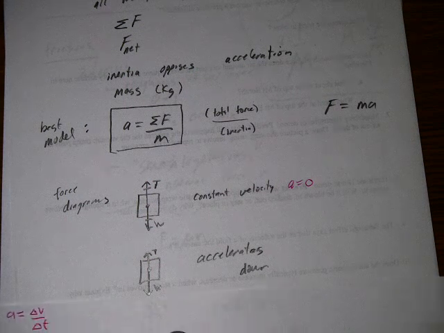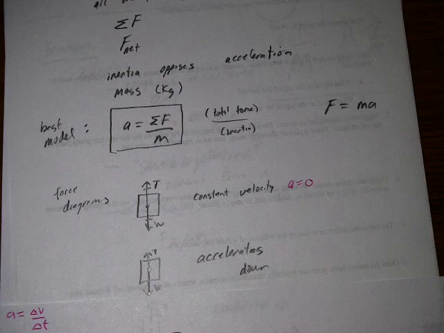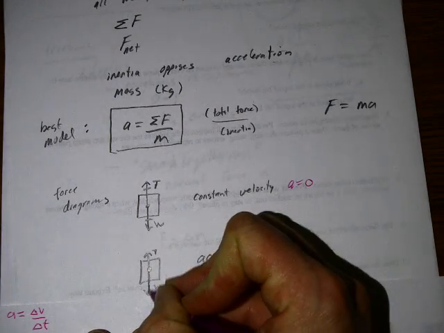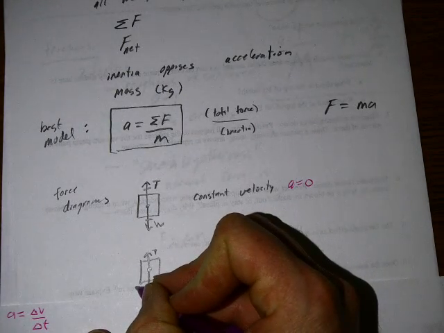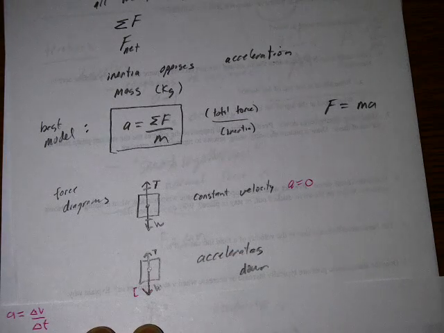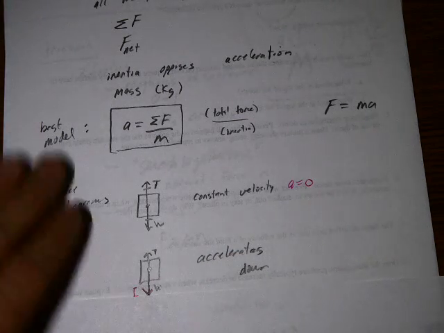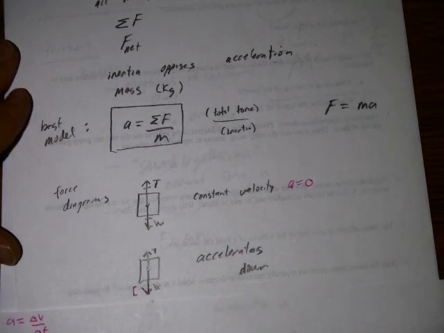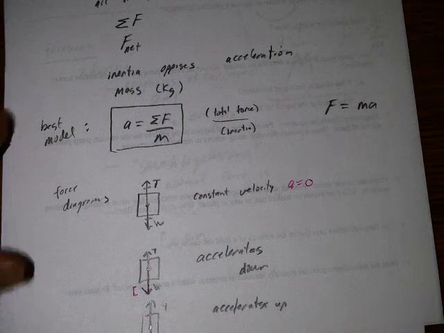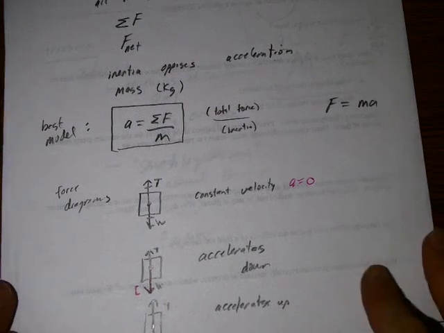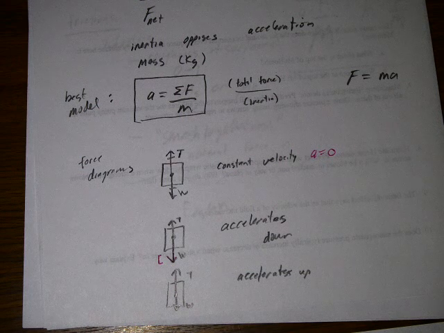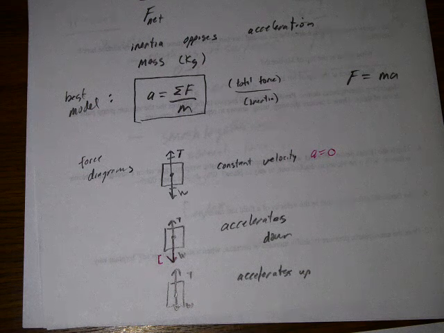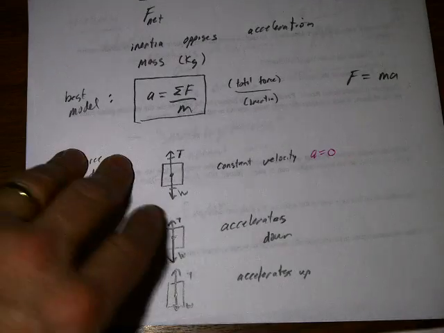If you have more force downward, then this thing will accelerate down because there is some leftover force in the down direction. This was like an elevator scenario, which is kind of how we started. If there is more force in the upward direction, then it will accelerate upward. So those are your three scenarios, like for an elevator.